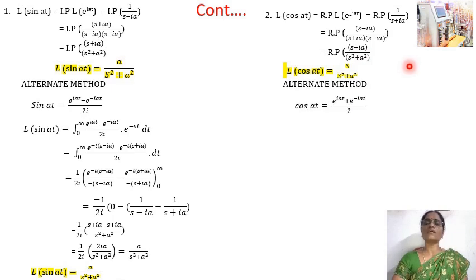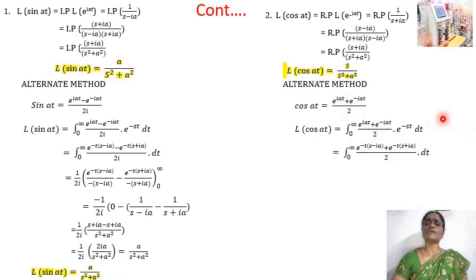Same thing, you can go with the alternate method. We have the formula for cos at. The cos at in exponential form is given as e power iat plus e power minus iat, divided by 2. Now substitute this value into the Laplace transformation formula. Here again you multiply with e power minus st, then take a common base and add the powers.